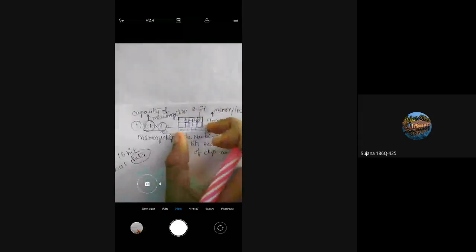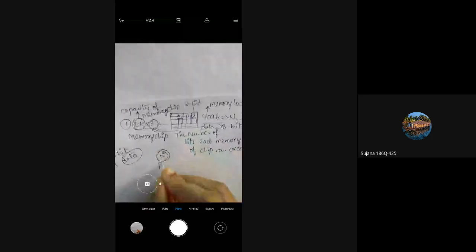So how can we obtain this? We have to connect two memory chips in parallel. If you consider two memory chips in parallel, then it can accommodate a 16-bit data bus.